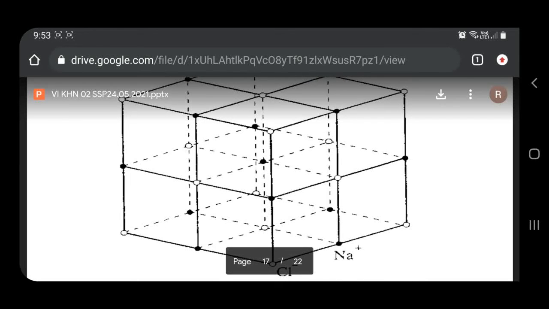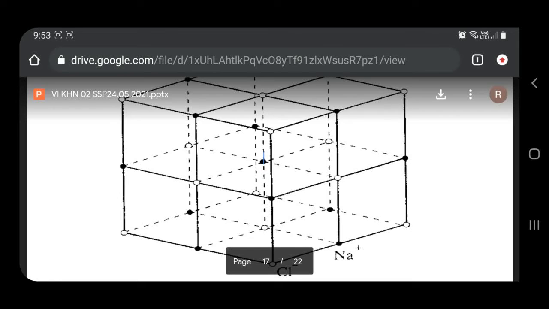So you have 8 unit cells. That is 8 cubes together. And you can observe this is the lattice point where one atom is there, but it is shared with how many unit cells?